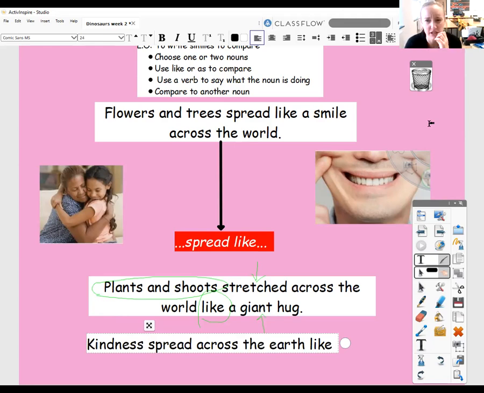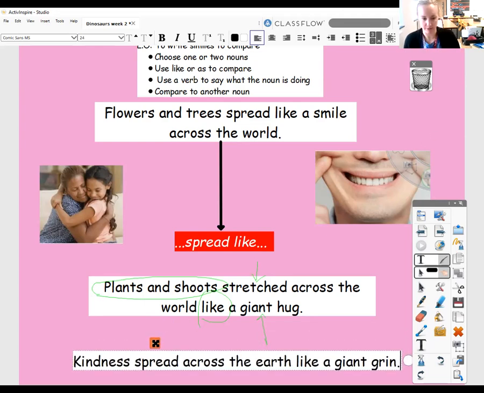Kindness spread across the earth like, keep looking at this picture here, this big smile. I want to think of another word for smile. Grin, yeah. So kindness spread across the earth like a, let's say, giant grin. Giant grin. Fabulous.